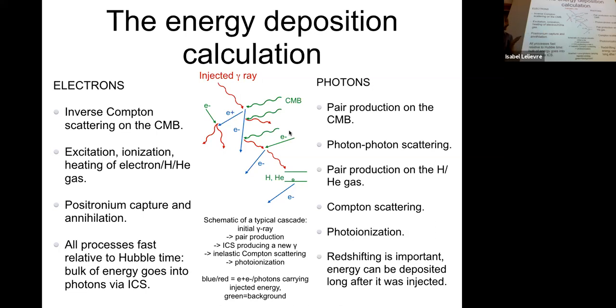You're not going to ionize or excite hydrogen if it's all 100% ionized. That analysis has been done for BBN, and you get some bounds from that. The work that I did on this was focused on the CMB and heating constraints. So there you're looking typically at particles that have been injected at a redshift of a few hundred to 1,000. So this is long after freeze out, but also well before the present day.